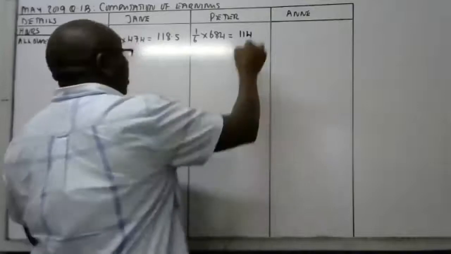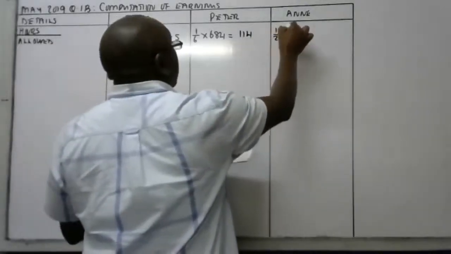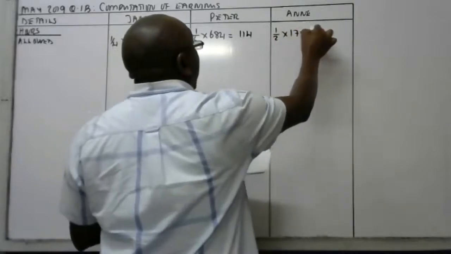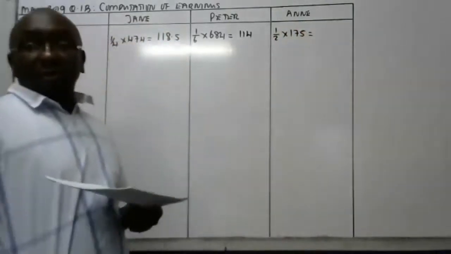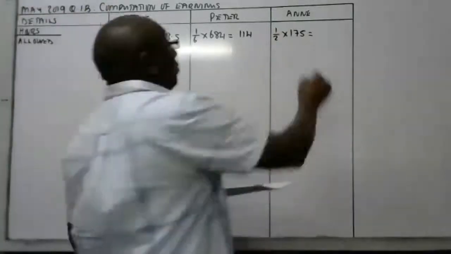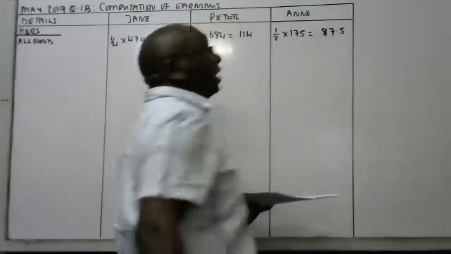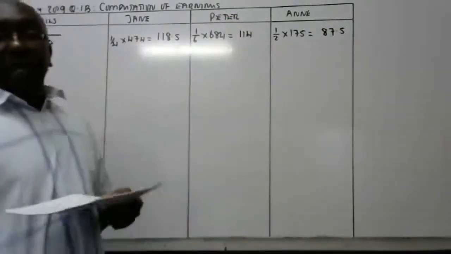When you go to Ann, it is a half of 175 units. A half of 175 is 87.5. That is the hours that have been worked.